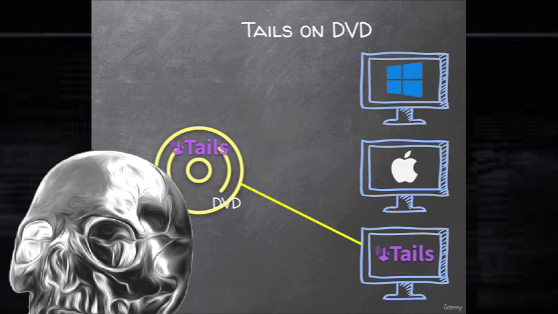Now with this, Tails will come with all of its great features, so it'll be live, it'll leave no traces, and it'll be running natively, so it won't be sharing resources. Therefore, you won't really need to worry about leaks or about other programs collecting data or any of the other stuff that we have to take into consideration when we're running the Tor browser or when we're running Tails as a virtual machine.